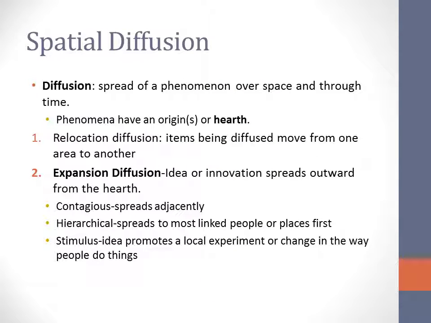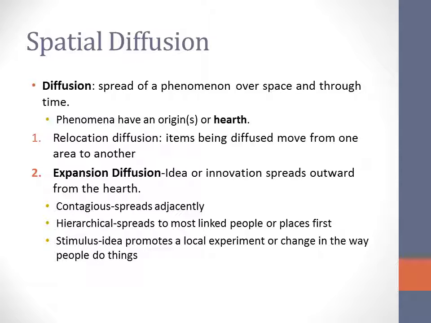As we continue in our examination of the forces that shape our cultural landscape, we need to understand how phenomena move from one location to another. In geography, we examine this movement as diffusion, or the spread of a phenomenon over space through time.